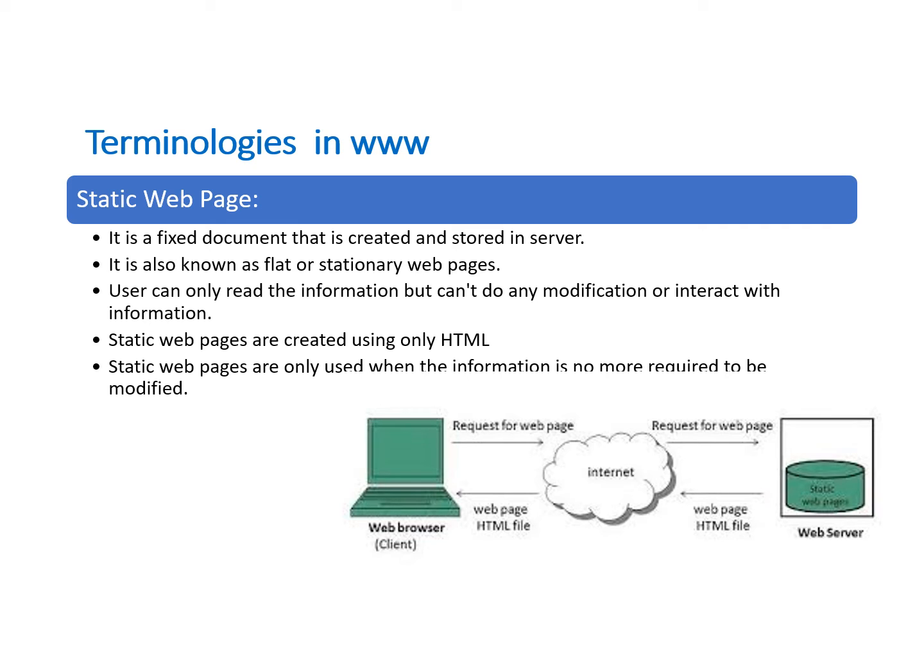Static web pages are created using only HTML, and they can be used only when the information no longer needs to be modified. We can only view that particular static web page. There is no interaction, no data accessing. Such things are not possible in a static web page. A static web page remains constant every time.